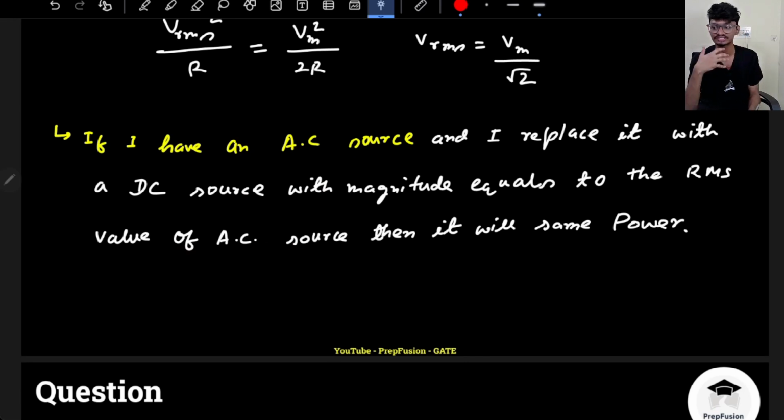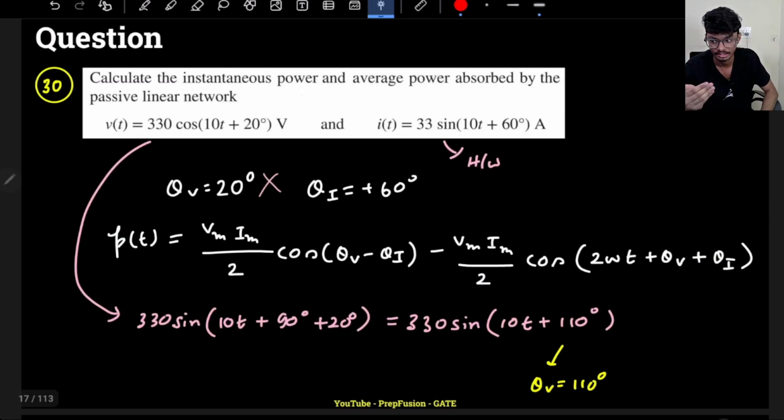That is another physical significance of RMS. Both the AC and the DC sources, separately, will deliver the same amount of power.